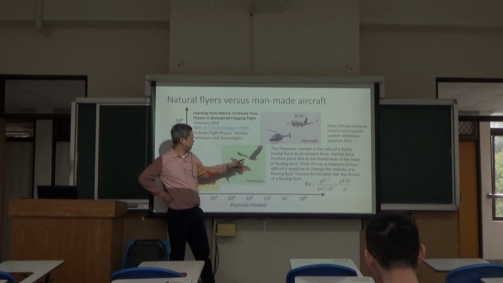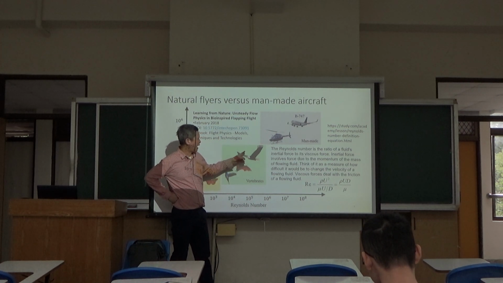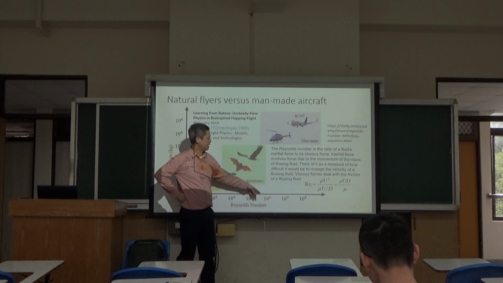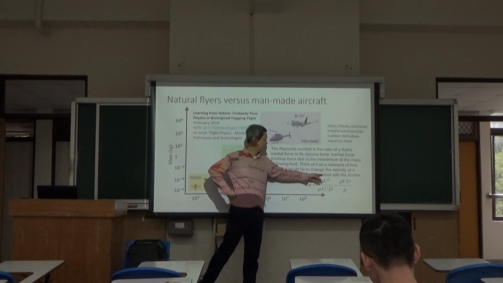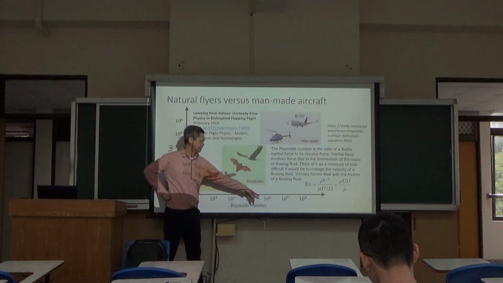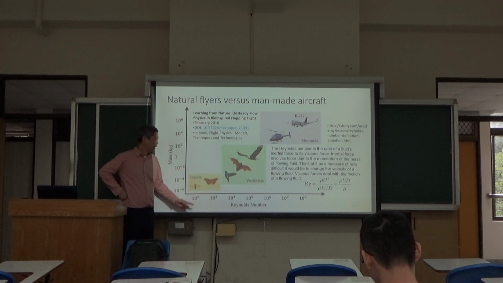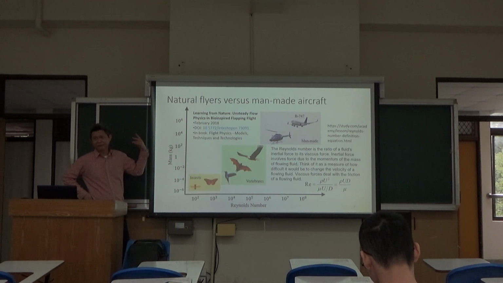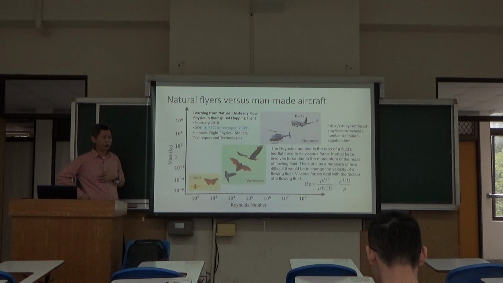Good thing is that when they fly with high speed, their kinetic energy, also the hydrostatic pressure, is going to be greater. And then they are almost flying like in inviscid flow.